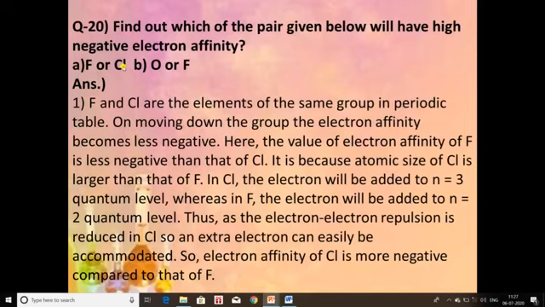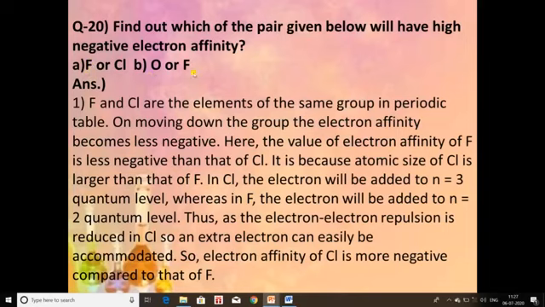Chlorine will have more negative energy as compared to fluorine, because due to the small size of fluorine, when we add one electron, there will be electron-electron repulsion, due to which less energy will be released. That is why electron affinity, or electron gain enthalpy, is less negative in the case of fluorine.